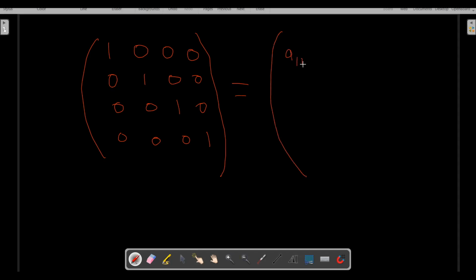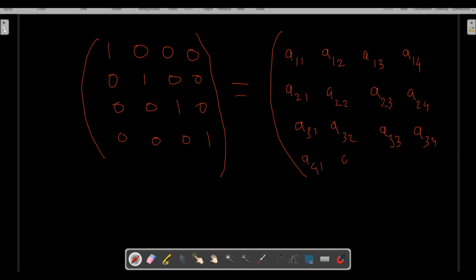So a11, a12, a13, a14, then a21, a22, a23, a24, then a31, a32, a33, a34, then a41, a42, a43, a44.